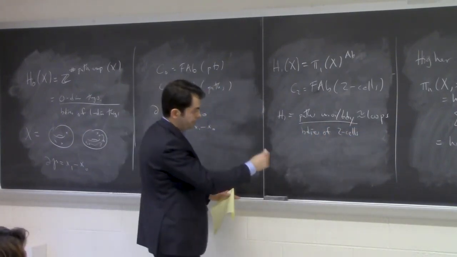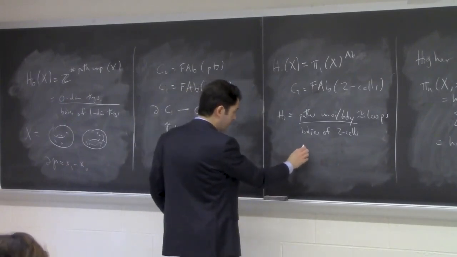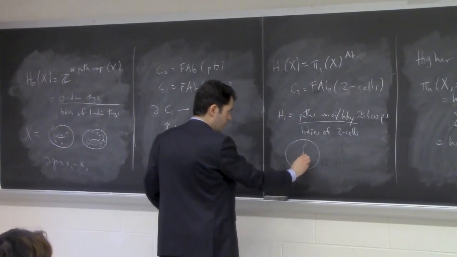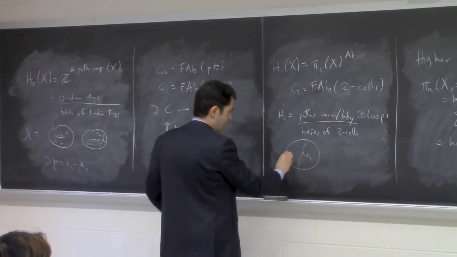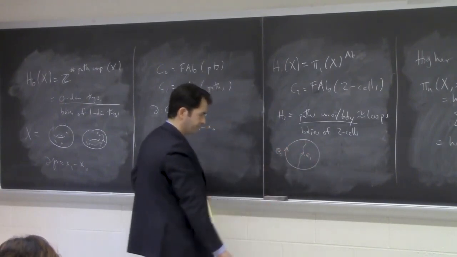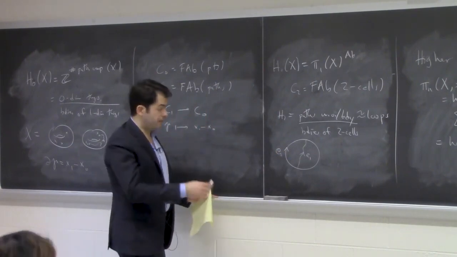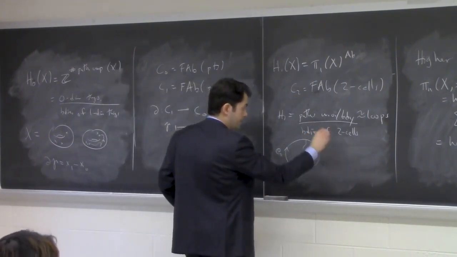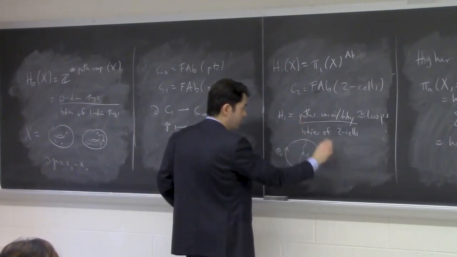Right? So if I have some path here and some path here, then I have a perfectly good element of C1.